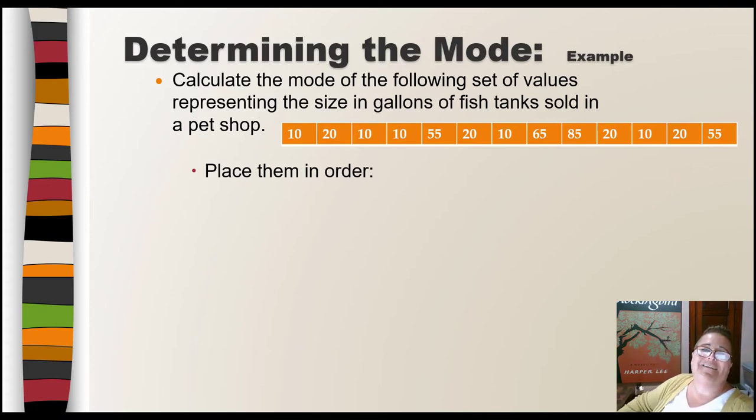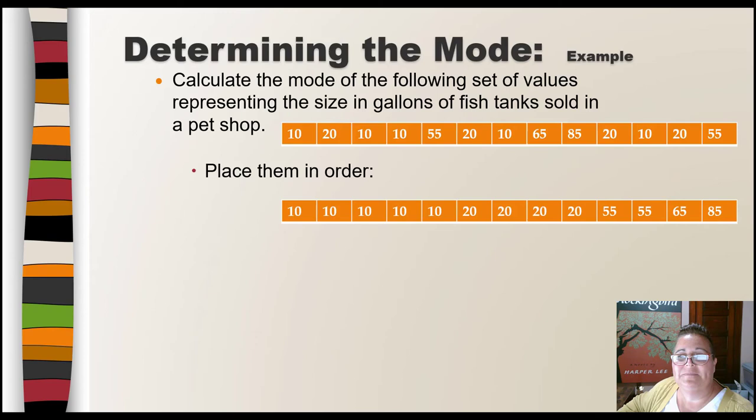The first thing we want to do is go ahead and put those in order. And when we put them in order, it's easier to count how many of each. So we're going to determine how many times each of them shows up. The 10s showed up 5 times. 20s showed up 4 times. 55 showed up twice, 65 once, and 85 once.